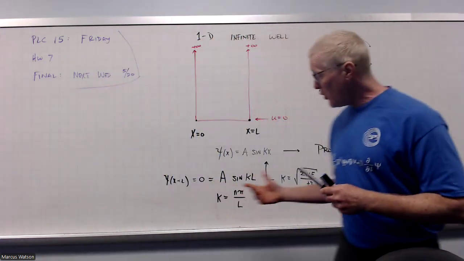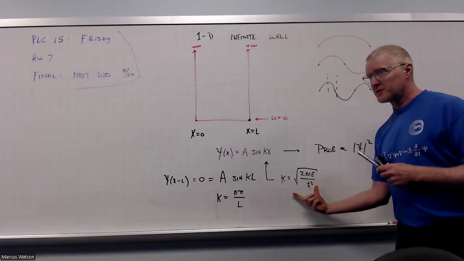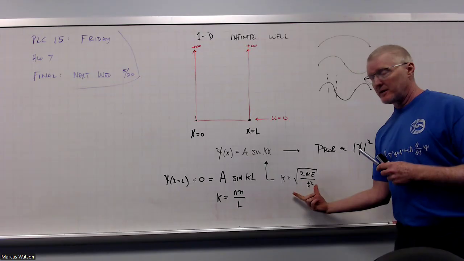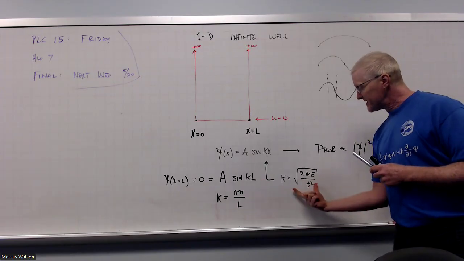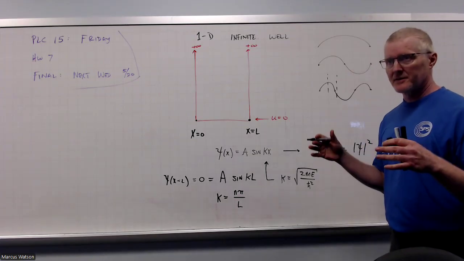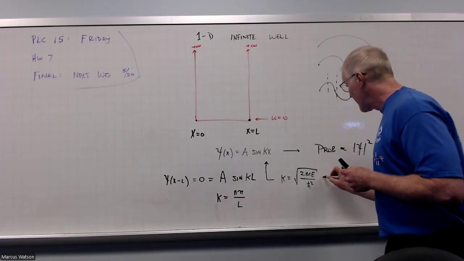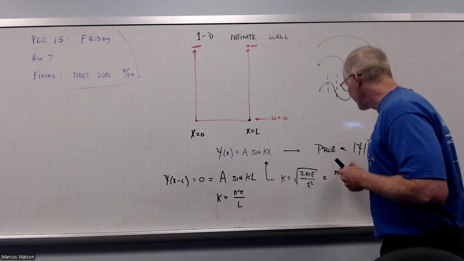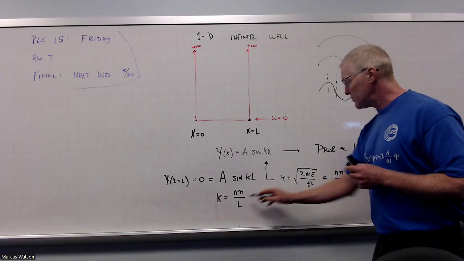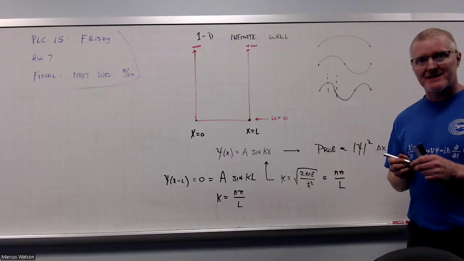Now, we know from the solution to the Schrodinger equation that the argument of the sine is this square root, because that's the constant that gets pulled out twice when two derivatives happen. And also we're going to find that if we use that condition here, this is a quantized situation.